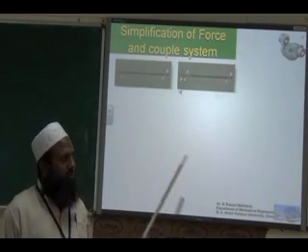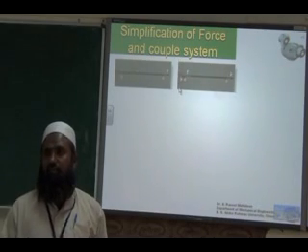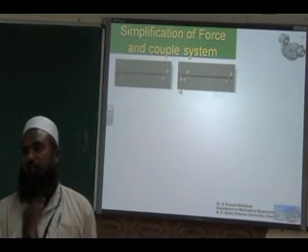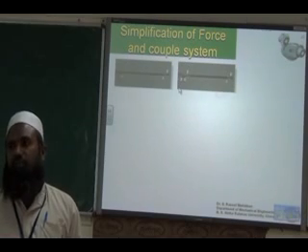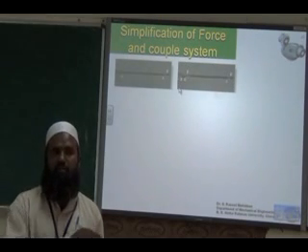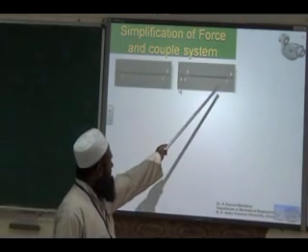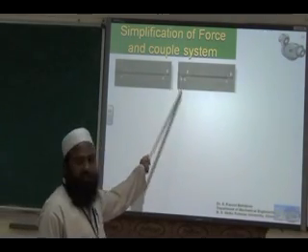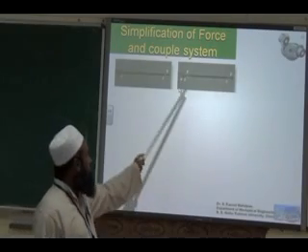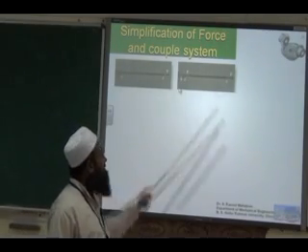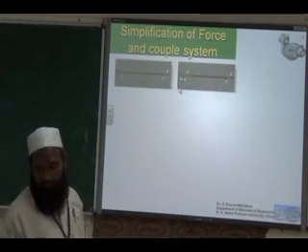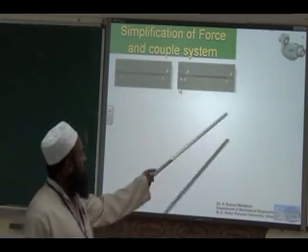So for transmission of forces from point A to point B, we add two forces at point B equal and opposite to the force at point A. Same amount, same direction but opposite sense. So the equal and opposite forces get cancelled.